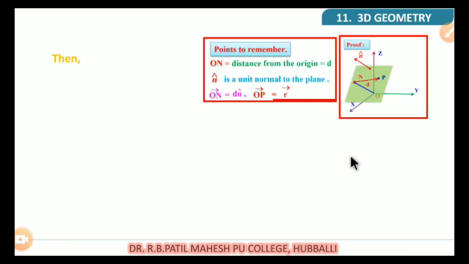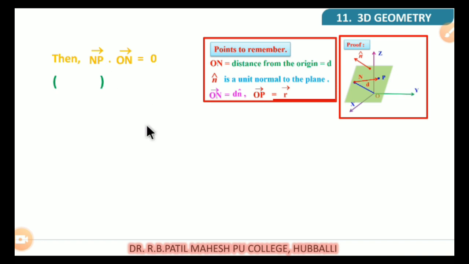Therefore, NP vector dot ON vector is equal to 0, because NP is perpendicular to ON.